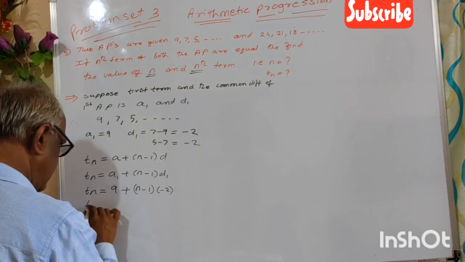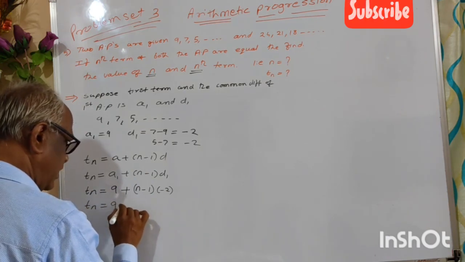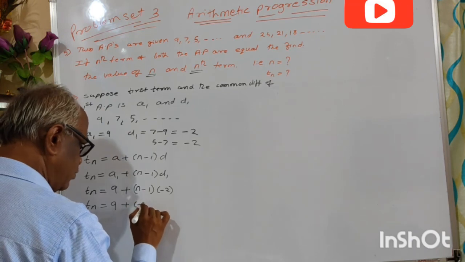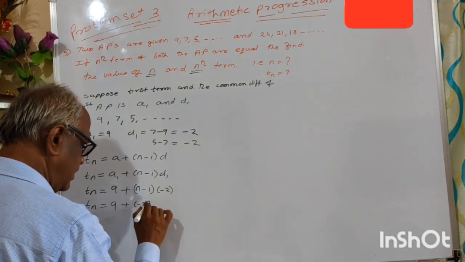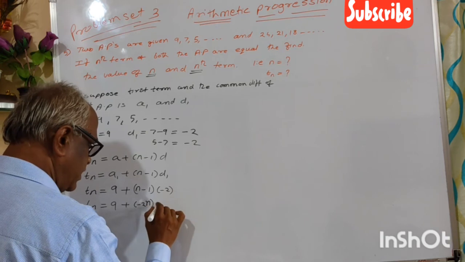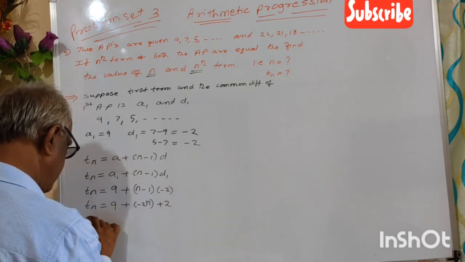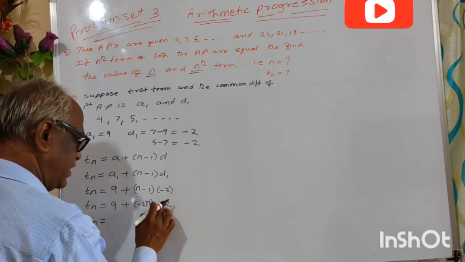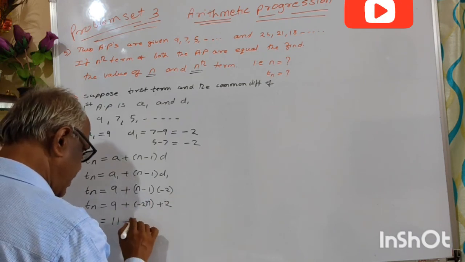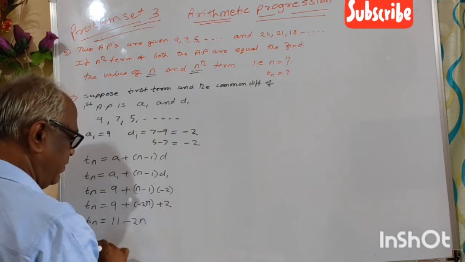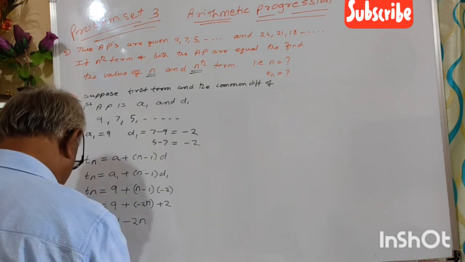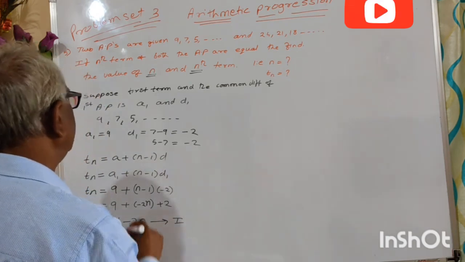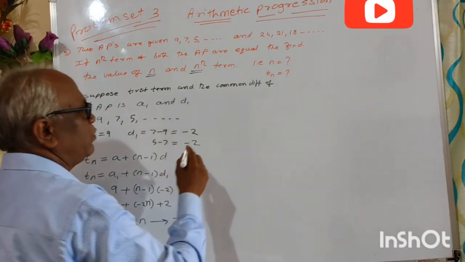So Tn is equal to 9 plus (minus 2)(n minus 1), that is, minus into minus plus 2. So here we will get Tn is equal to 9 plus 2, that is 11, minus 2n. 11 minus 2n we will get here. You can write here equation number 1. This is for the first arithmetic progression.